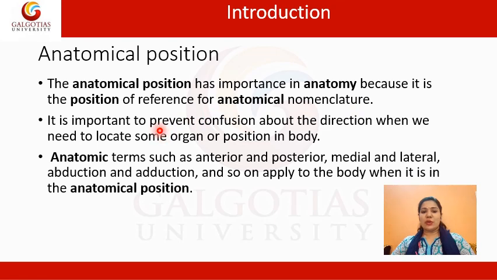If we locate some position, some organ in the body, then we are not confused about where the organ is positioned in the body. There are some anatomical position and directional terms which prevent this confusion and make anatomical study easy to understand. So we will discuss anatomical position first.